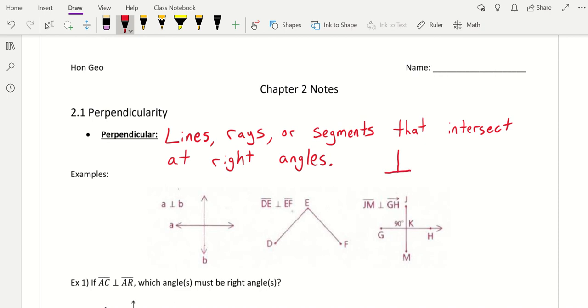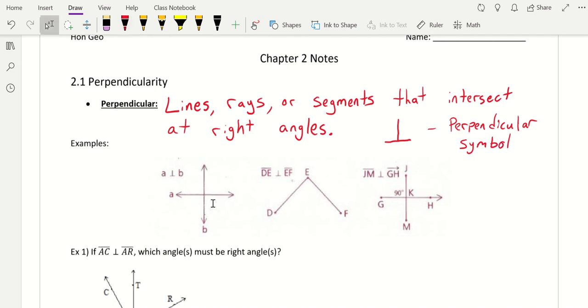It's like an upside down capital T. So that's the symbol for perpendicular. When you see that, I want you to think perpendicular.